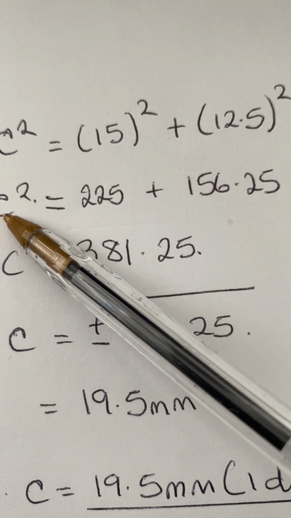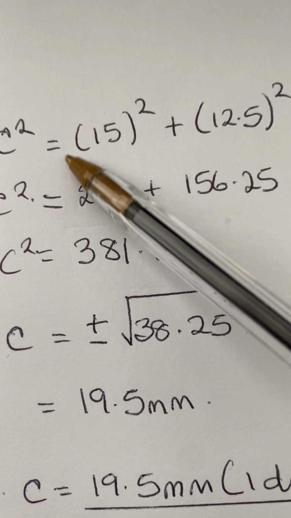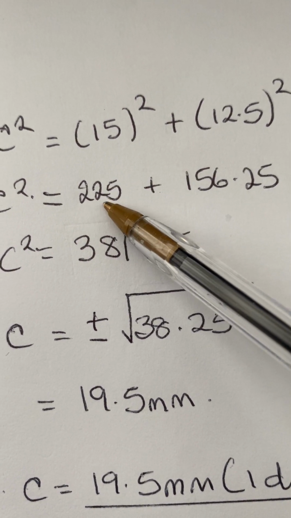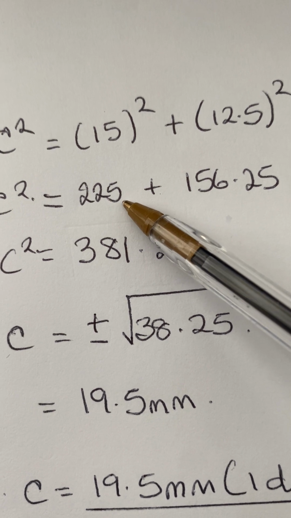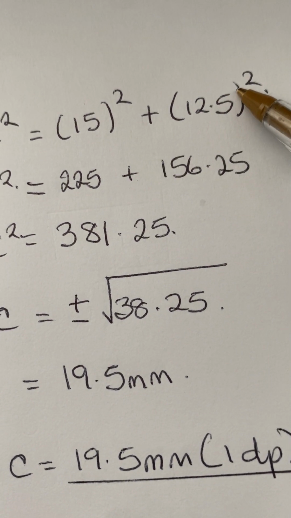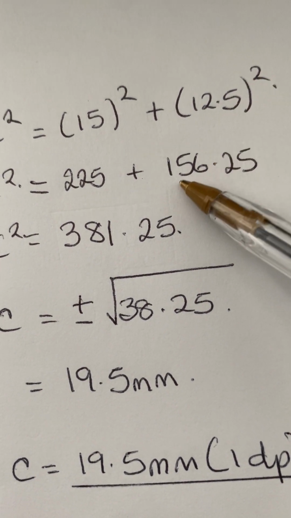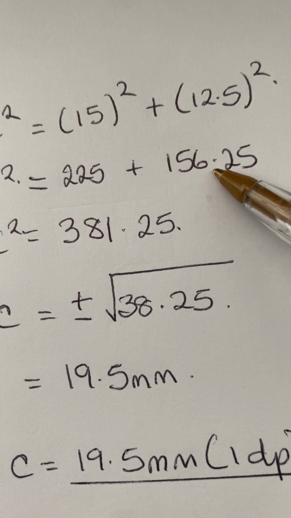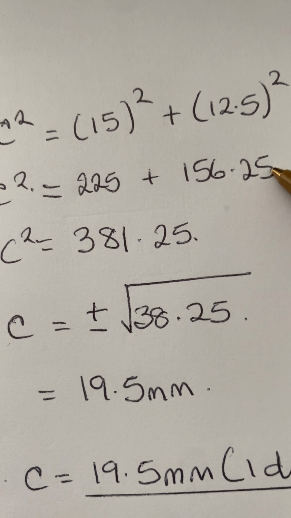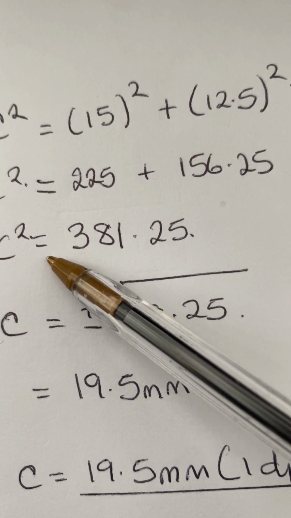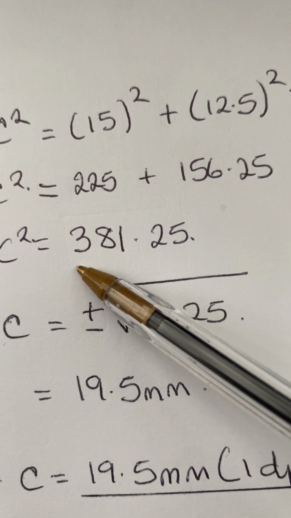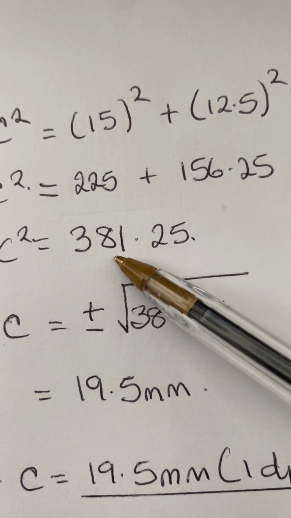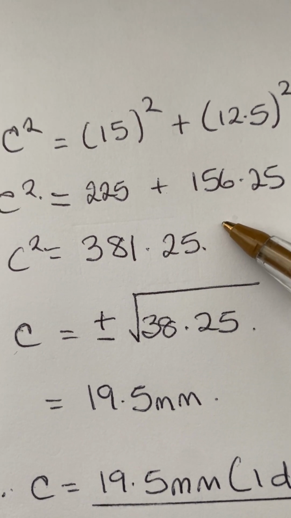So c squared again, 15 squared on the calculator will give us 225 plus 12.5 squared on the calculator will give us 156.25. Now c squared will be equal to, when you add them together, 381.25.